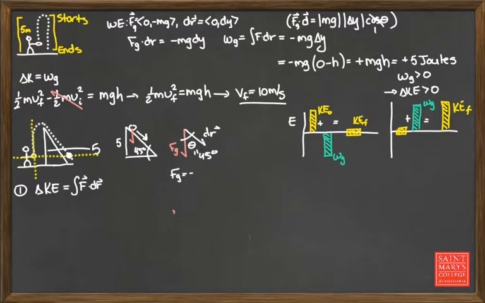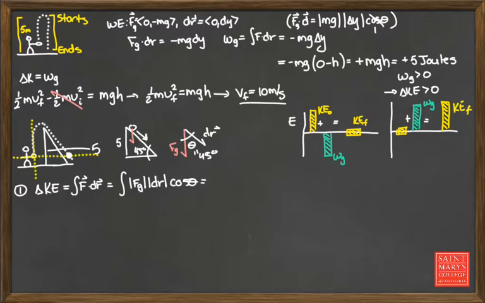If I want to evaluate the dot product, I'm going to go back down here to the integral. The dot product then is the magnitude of the force of gravity times the magnitude of the displacement vector times the cosine of the angle between the two, which is 45 degrees.